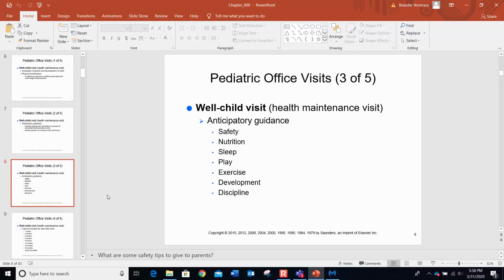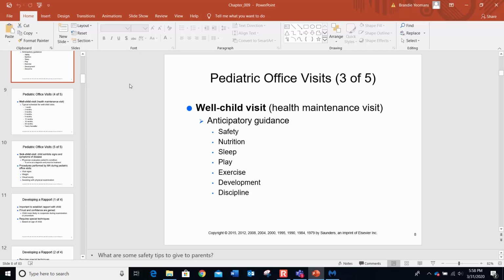So what all is involved with the health maintenance visit with anticipatory guidance? Well, we talk about these very important things: safety, nutrition, sleep, play, exercise, development, and discipline. Oh yes, that's one of my favorites.